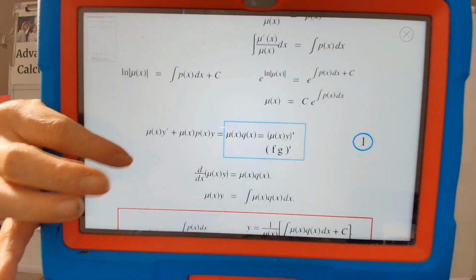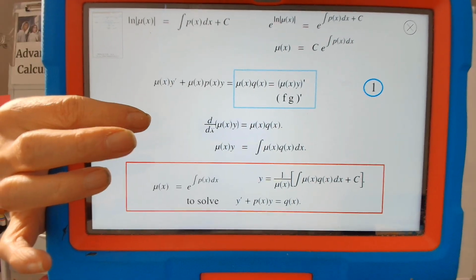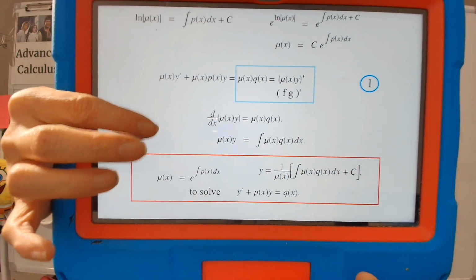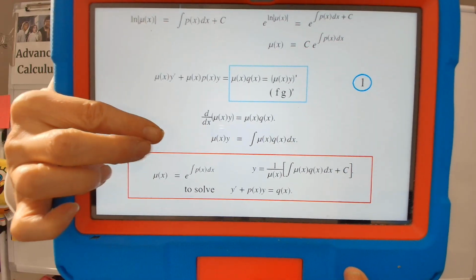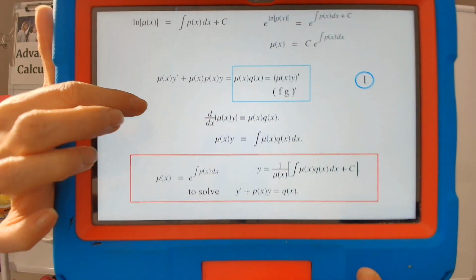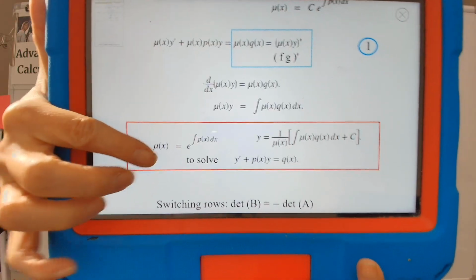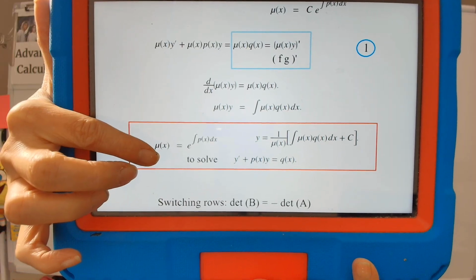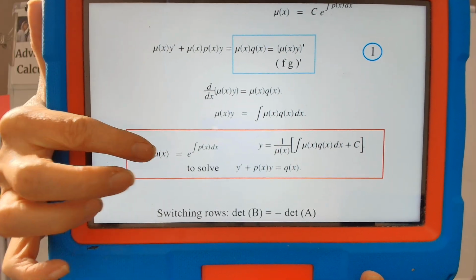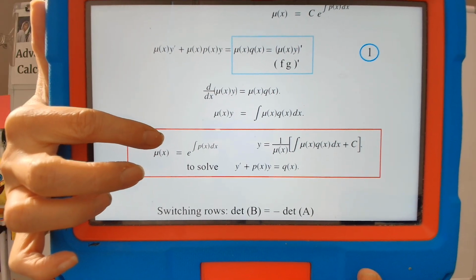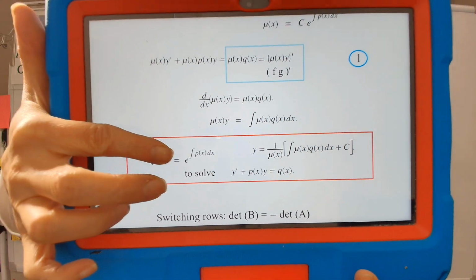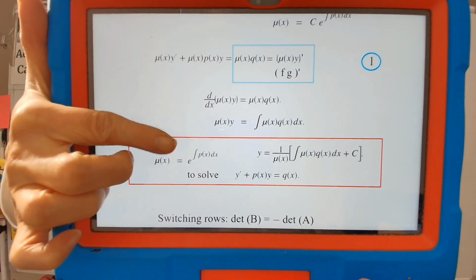And with that, you can calculate what y is. The solution to the first order linear differential equation is calculating mu of x as e to the integral of p of x, and then your solution is y equal to that stuff over there.